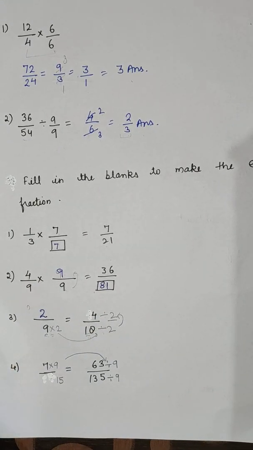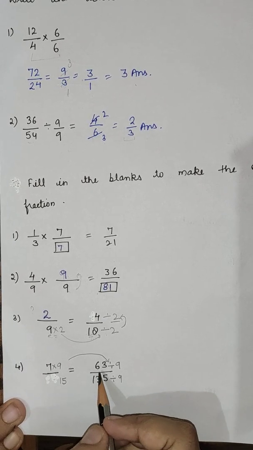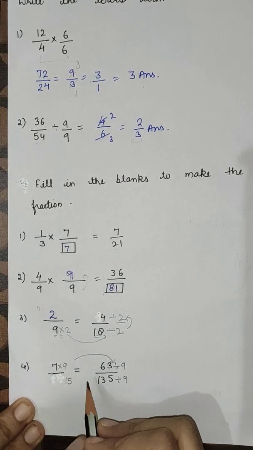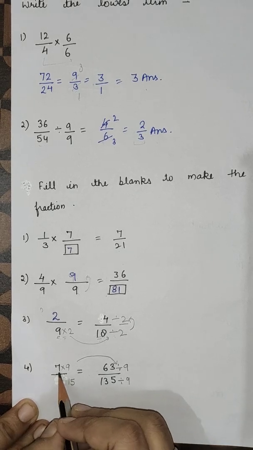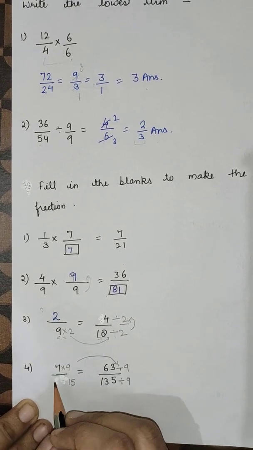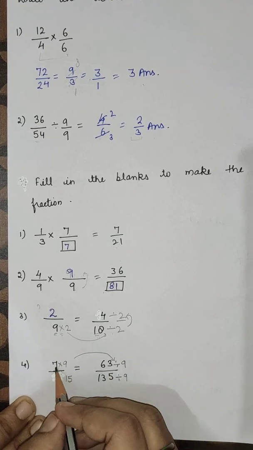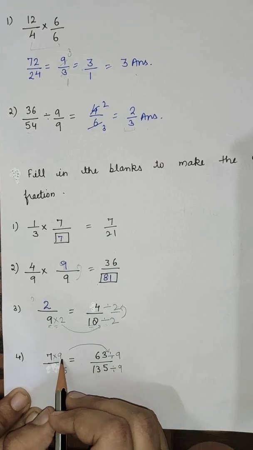Now you have to keep it in your mind. Now here 7 by whom is equal to 63 by 135. Here first of all we can see by which digit we have to multiply 7 to get 63. Then 7 9s are 63.